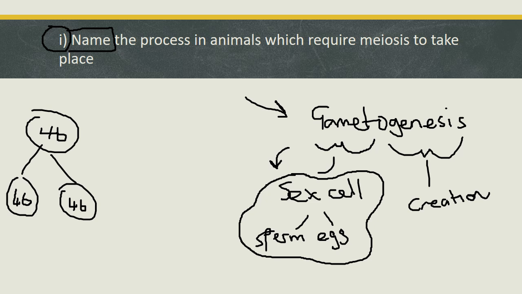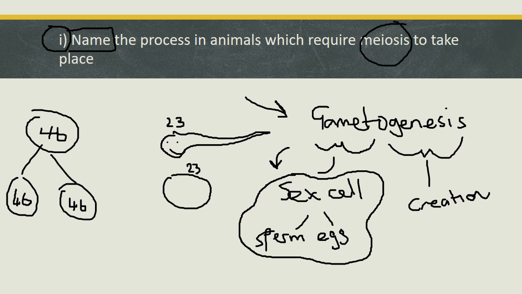Now, what is different is that sex cells, i.e. sperm and egg cells, have 23 chromosomes in them, which is a key difference of meiosis.